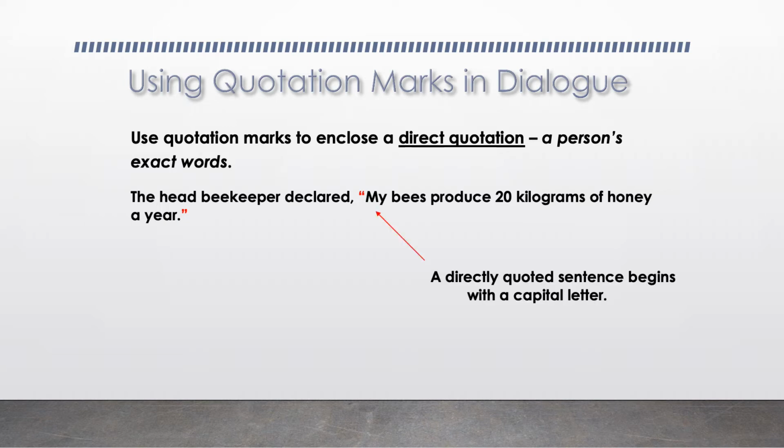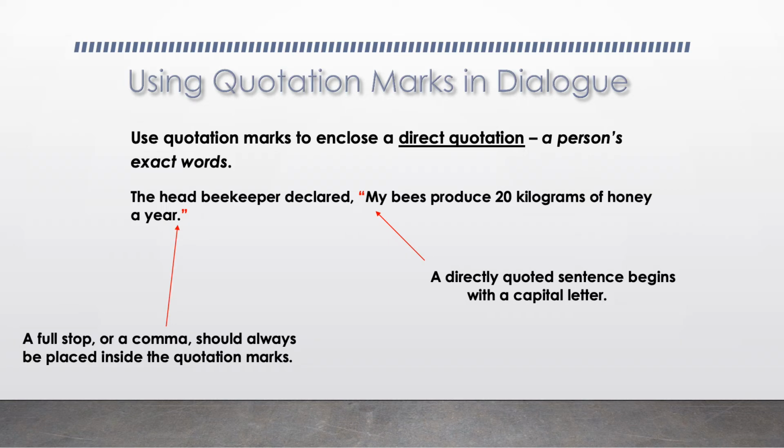As you can see, what the beekeeper has declared starts with a capital letter. So my starts with a capital M. A direct quote always begins with a capital letter, unless the quotation is split, which I'll go on to a bit later.